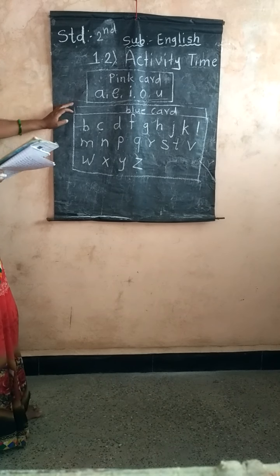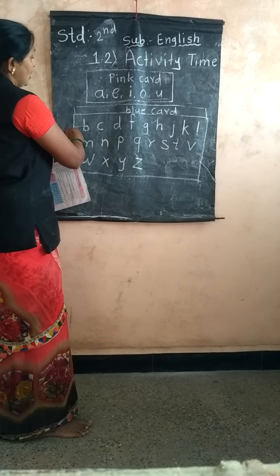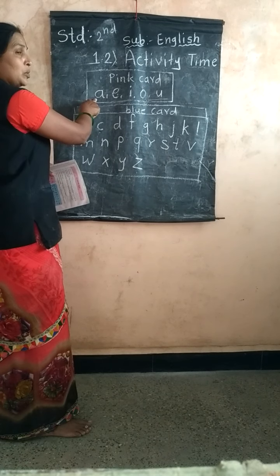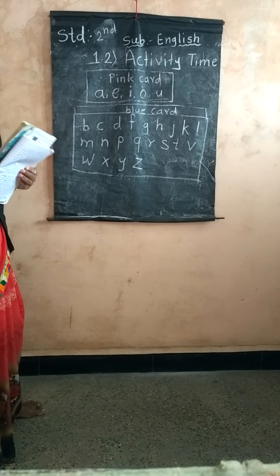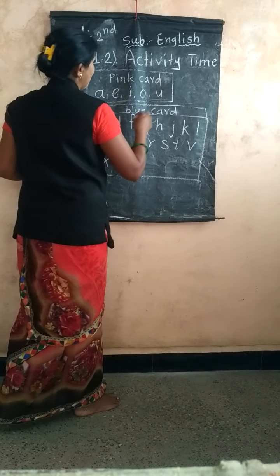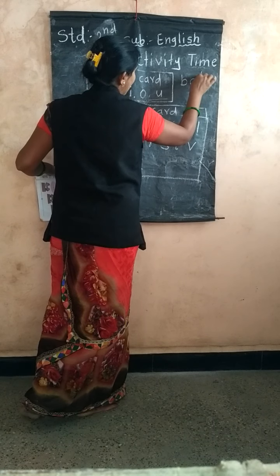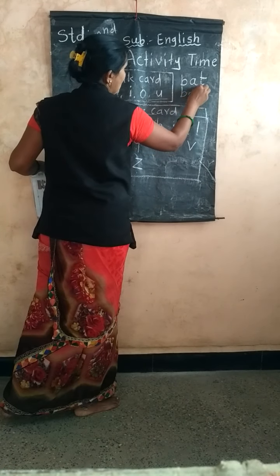Now listen, you put your finger on B, and your friend put the finger on the letter A. So which word are you making? B-A-T, bat. B-A-L-L, ball.